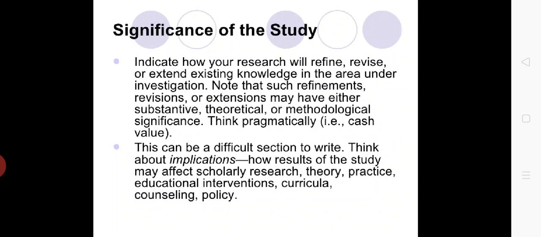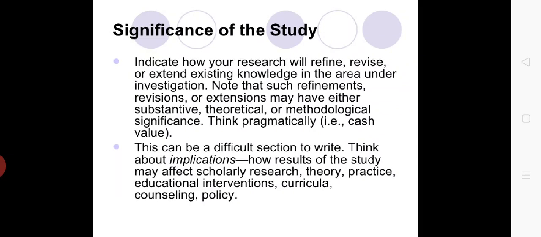Indicate how your research will refine, revise, or extend existing knowledge in the area under investigation. Note that such refinements, revisions, or extension may have either substantive, theoretical, or methodological significance.